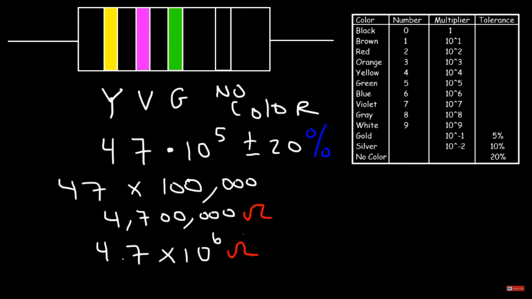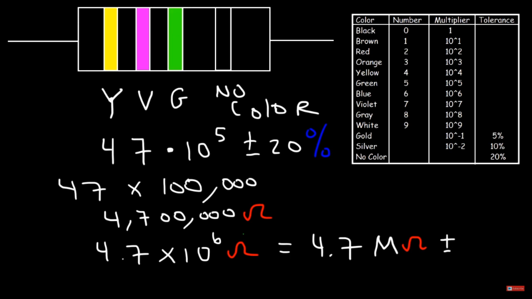Now, 10 to the 6 is basically a million, which represents mega. Mega is equal to 10 to the 6. So you can write it as 4.7 mega ohms. Anytime you have a value above 1,000, it's common to write it in terms of kilo ohms. If it's above a million, you want to use mega ohms.